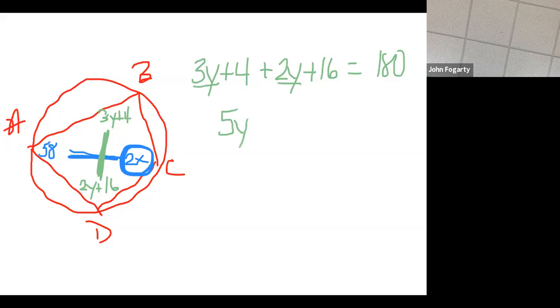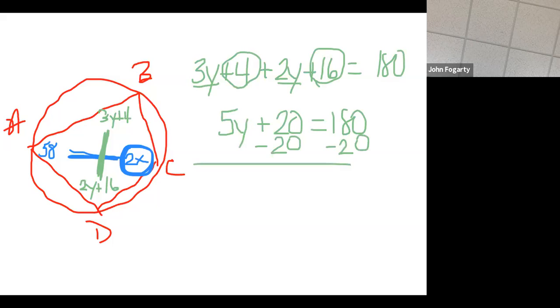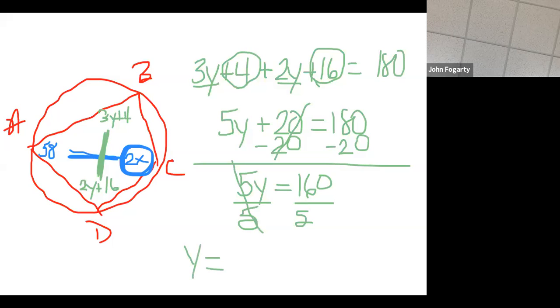And what's 4 and 16? Well, that would be 20. And then you just solve that. You can subtract 20 from both sides. And you end up with 5y equals 160. And to get y, you just divide both sides by 5, and you get y equals 32.